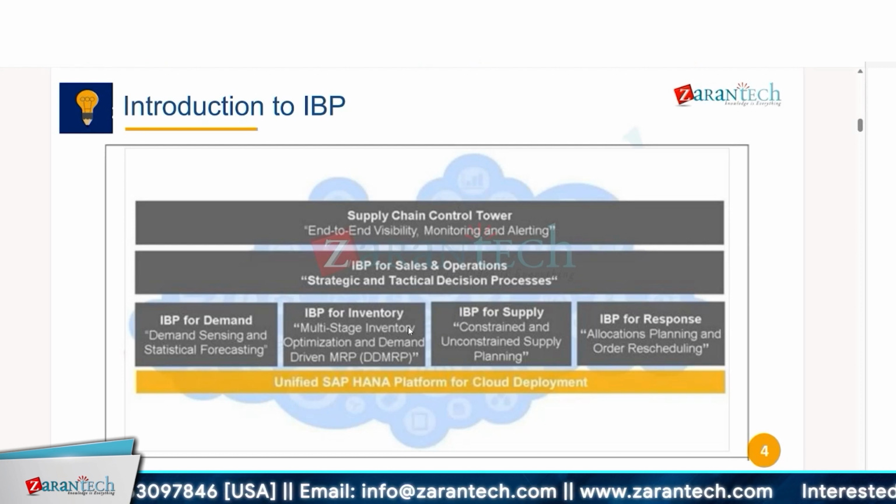So in a nutshell, this is how the IBP process operates at a high level. This process works every month on a standard acceptable horizon. There is no ground rule for defining the horizon, but the standard acceptable average horizon taken by most organizations is 6 months for the short term and 24 months for the long term.